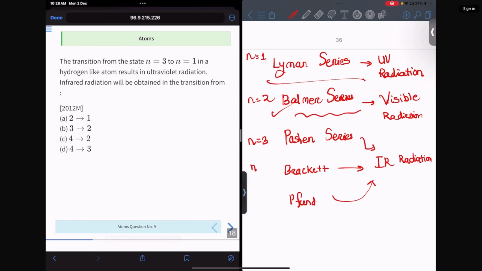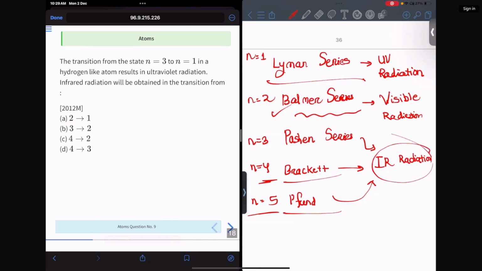Brackett means n equal to 4. When an electron moves from any orbit to n equal to 4, it will result in Brackett. If it is moving from the 5th, 6th or 7th to the 4th shell, it will result in Brackett. If an electron is coming from the 6th, 7th, or 8th orbit to the 5th orbit, it will result in the Pfund series. All this results in infrared radiation.